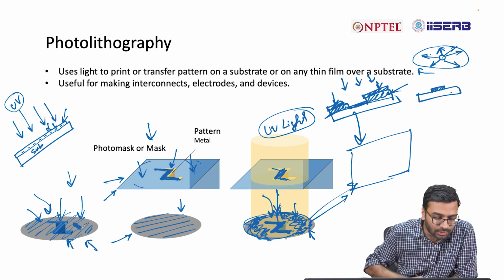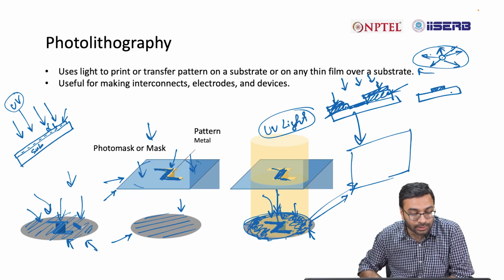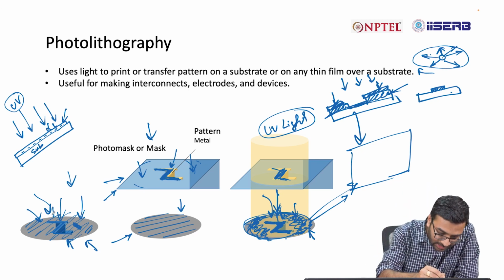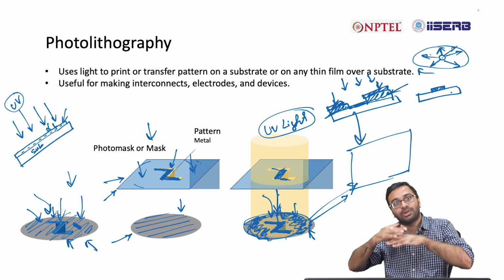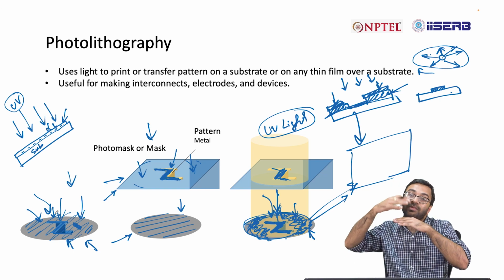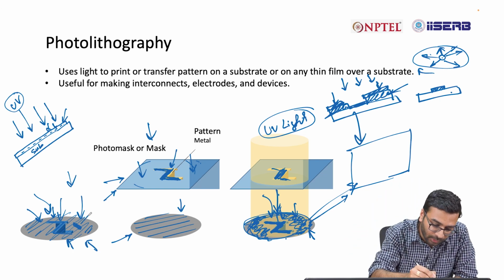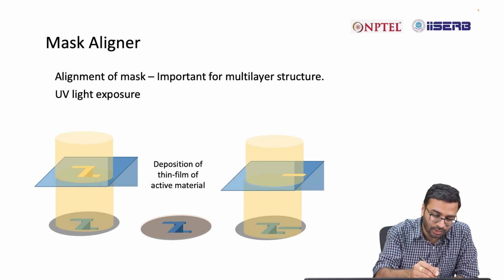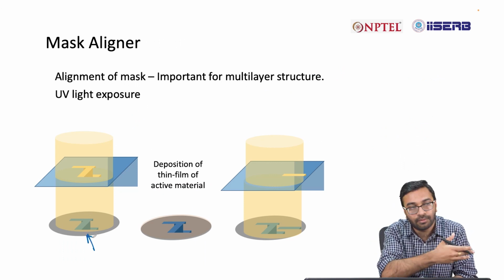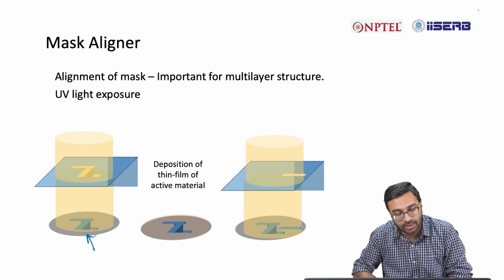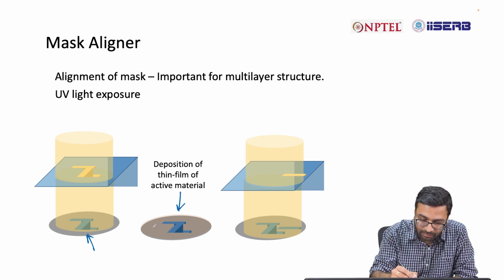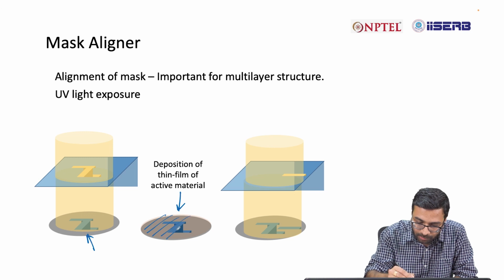So, you can't use a single mask to do that, because there is a deposition technique in the middle. Once you have to deposit the Z pattern, then you have to deposit your semiconducting material, then on top of the semiconducting material you have to deposit another electrode. So, in such a situation, first you deposit the Z pattern as we have discussed previously, then you say deposit the thin film of an active material on top of it.